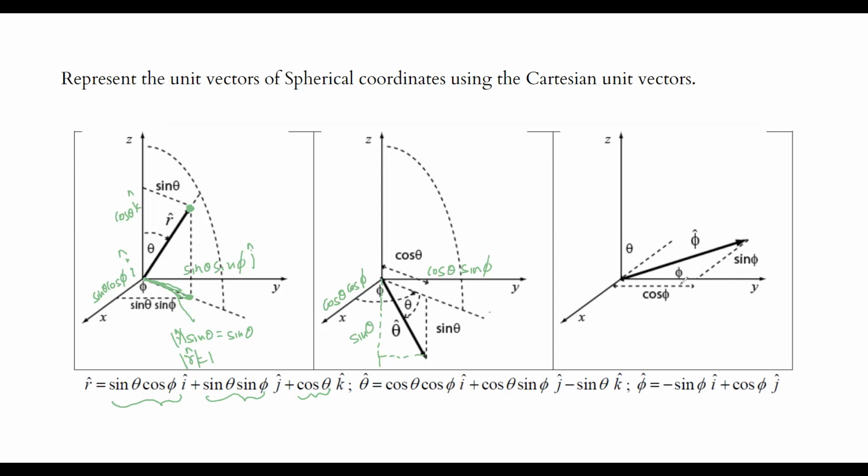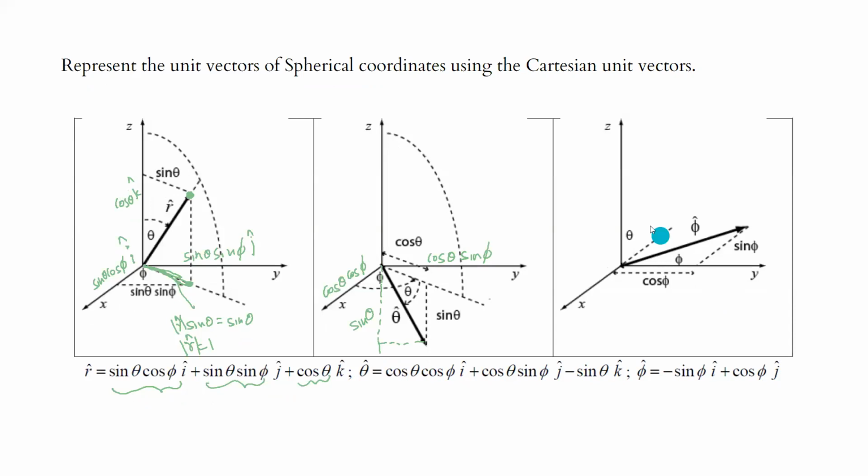So depending on the angle and how we define it, we can determine the phi hat unit vector using i hat and j hat vectors. So that's basically regarding the spherical coordinate system.